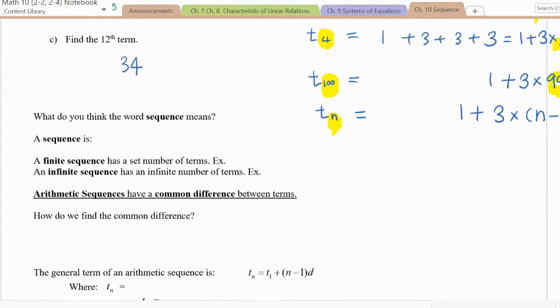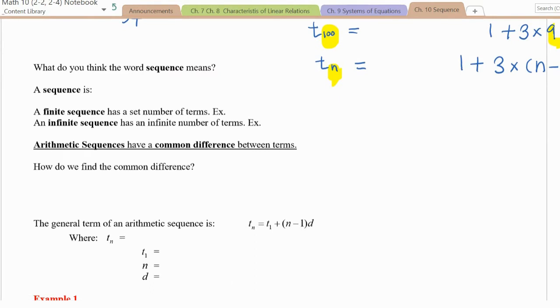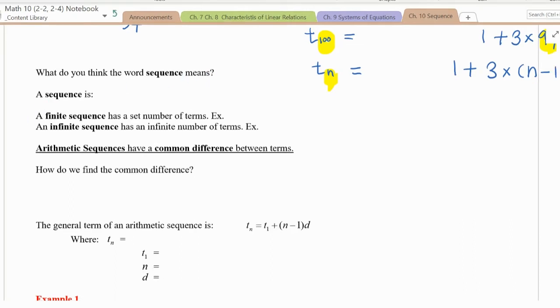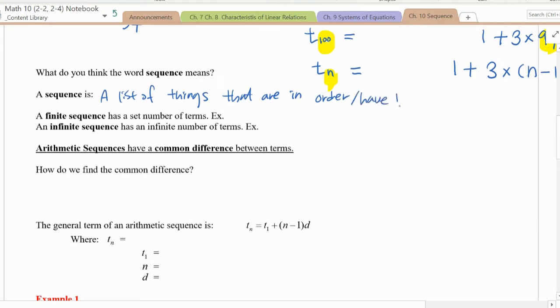Okay, and I want you to look at this. So what do you think the word sequence means? A sequence is, I want you to write this down, a list of things that are in order or have a pattern.